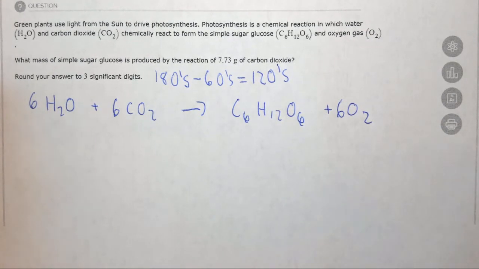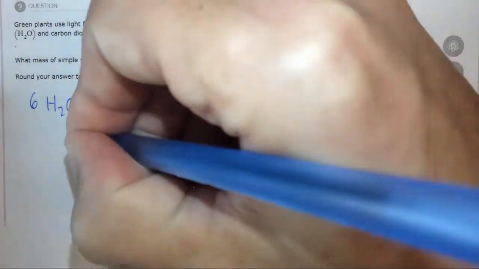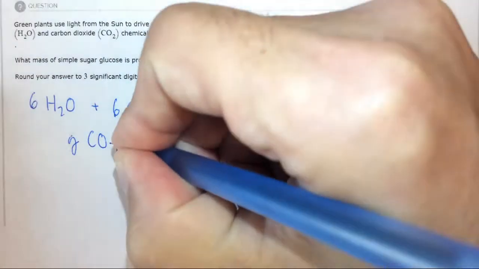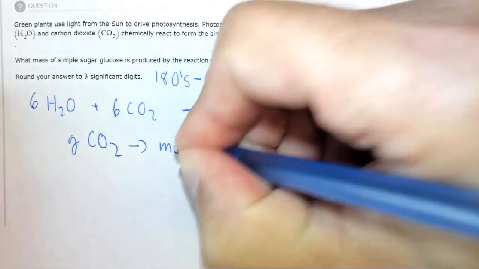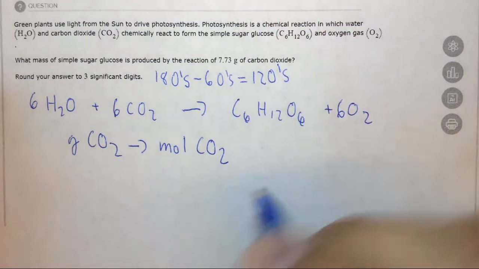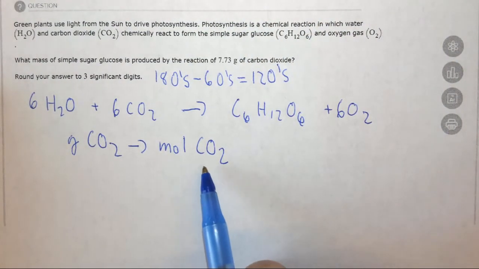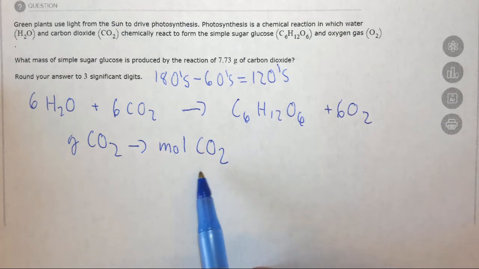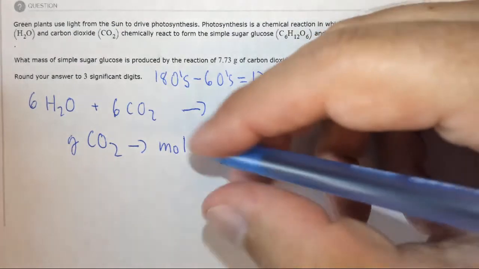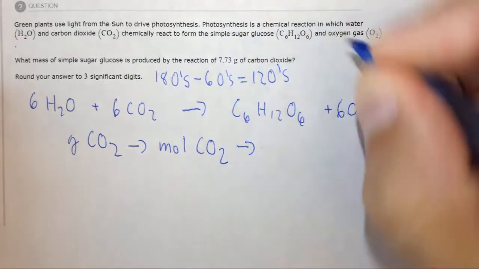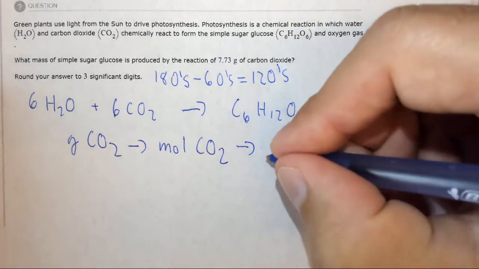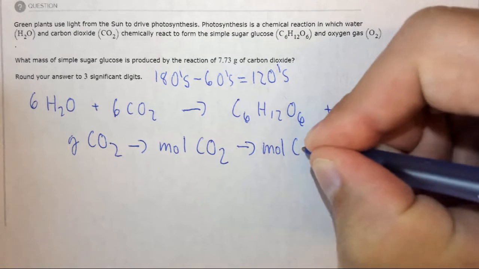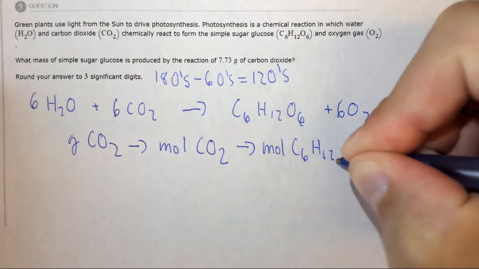So let's do a plan of attack. We want to go from grams of CO2 to moles of CO2. We can then use the balanced chemical equation, and this is new from things you've done in ALEKS previously, possibly. So once we have moles of CO2, we can use the balanced chemical equation to figure out how many moles of glucose we can make from those moles of CO2.